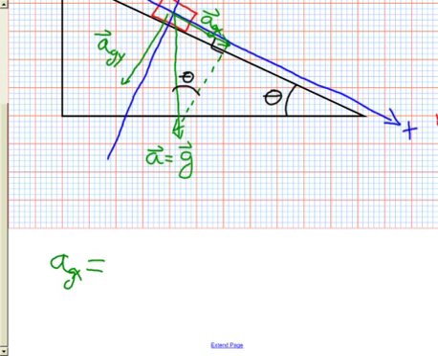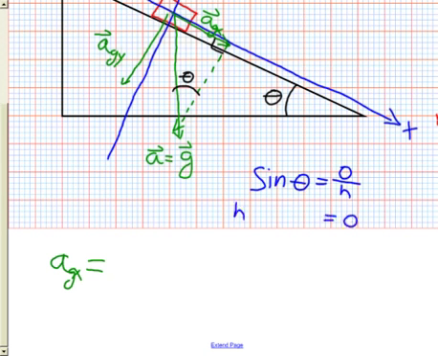Now, let's go back up here. In blue, I'm going to remember my sine and cosine. So I have sine of theta equals opposite over hypotenuse. Then I can solve for the opposite side.